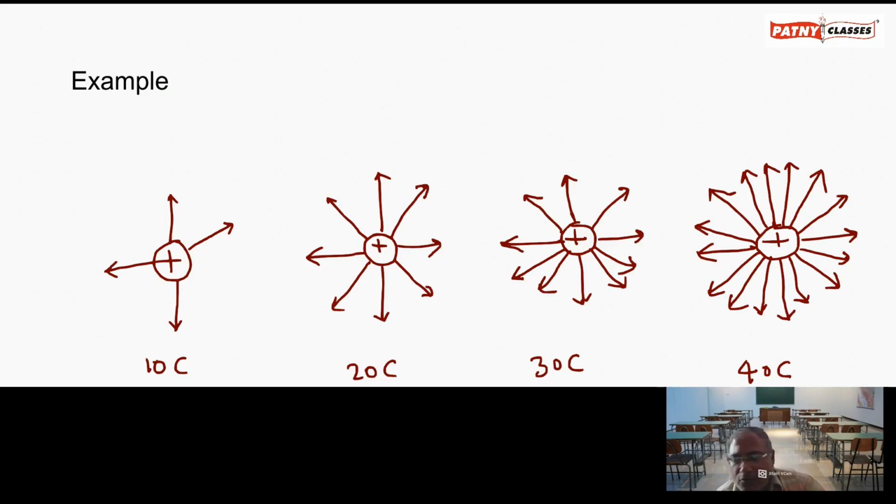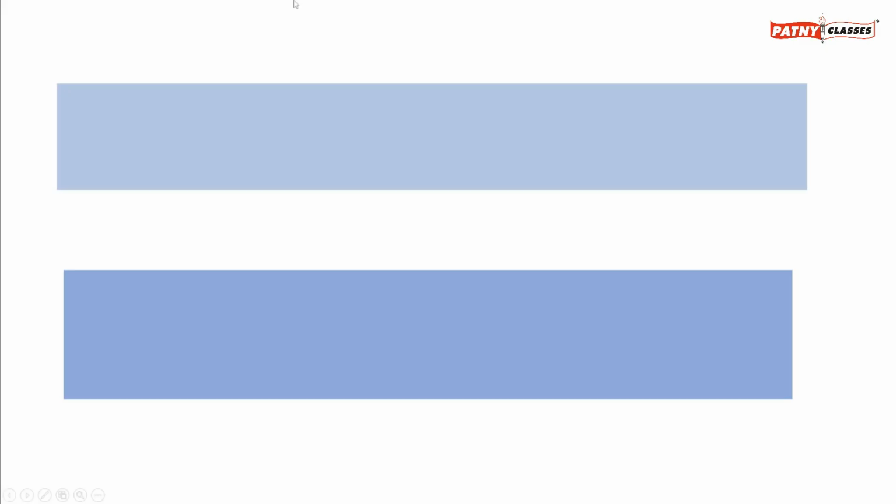In 20 coulombs of charge, the lines of force are more compared to 10 coulombs. And in 30 coulombs of charge, the number of lines of force is more than 20 coulombs. And in the case of 40 coulombs of charge, the number of lines of force is more compared to 30, 20 and 10 coulombs. That means as the magnitude of charge increases, the number of lines of force also increases.